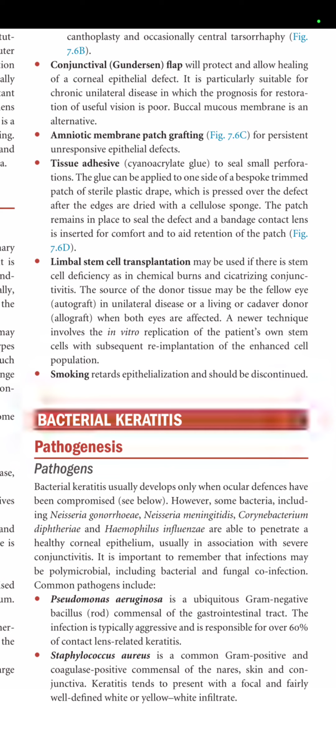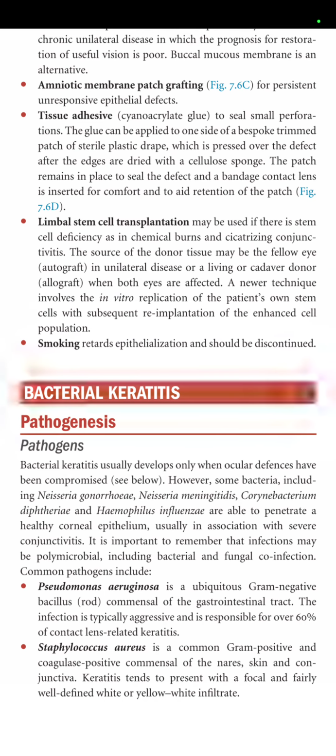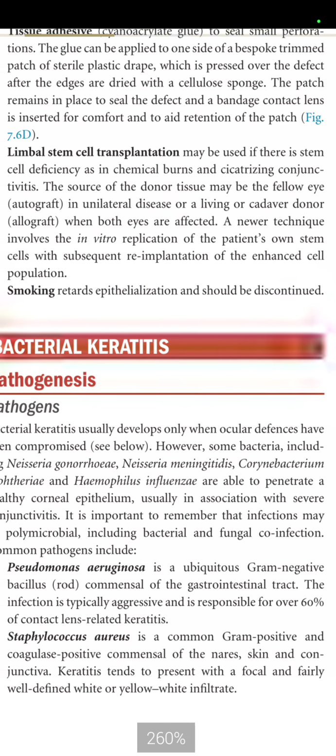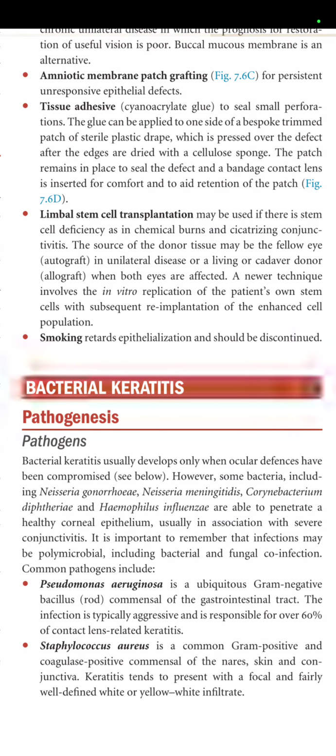However, some bacteria including Neisseria gonorrhoeae, Neisseria meningitidis, Corynebacterium diphtheriae and Haemophilus influenzae are able to penetrate a healthy corneal epithelium, usually in association with severe conjunctivitis. So we are going to make a mnemonic, INDENT. What is indent?